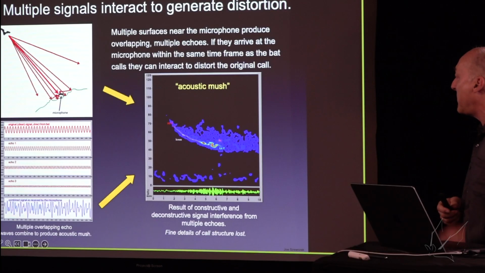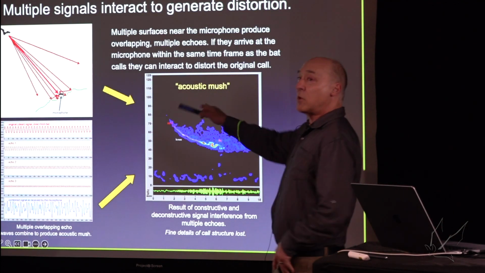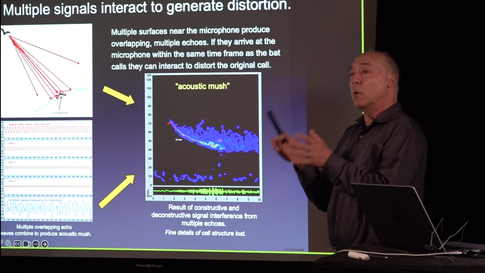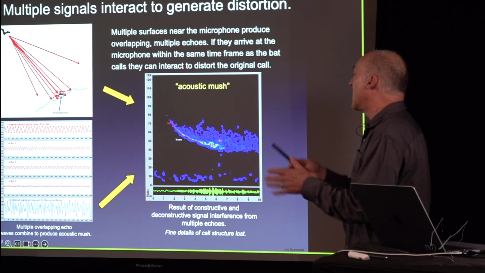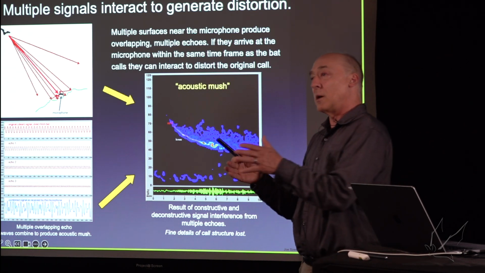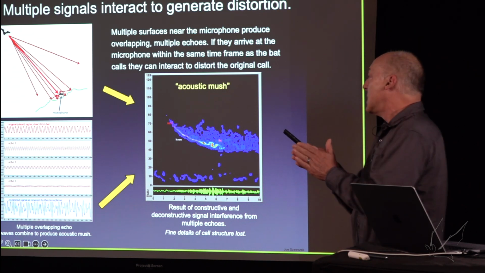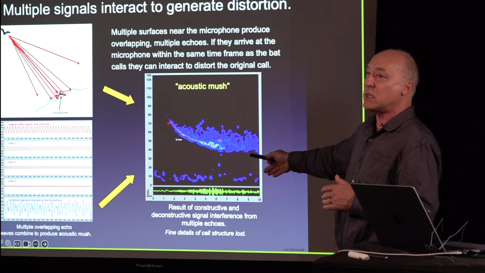If we just have two signals, or just a single echo interacting with a direct signal, it becomes clear what's going on. But more often, if you go out and put a microphone in a position where multiple surfaces produce echoes, then you have all these multiple waveforms or wave trains that all arrive at the microphone and interact randomly to produce this very chaotic signal.